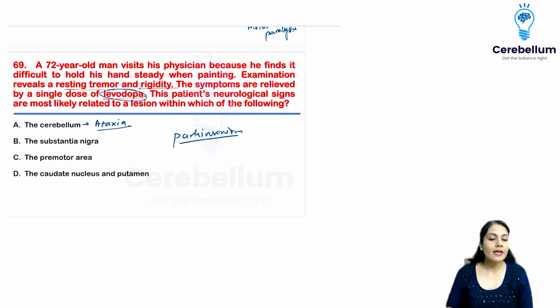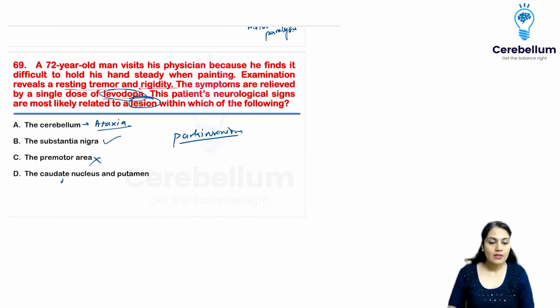The substantia nigra, nigrostriatal pathway is the one which is responsible for dopamine action on the basal ganglia. So this is the one which is defective in the patient, and that's why the lesion that they have asked about must be in the substantia nigra, which is unable to release the appropriate dopamine. It is not the premotor area, and the caudate nucleus?